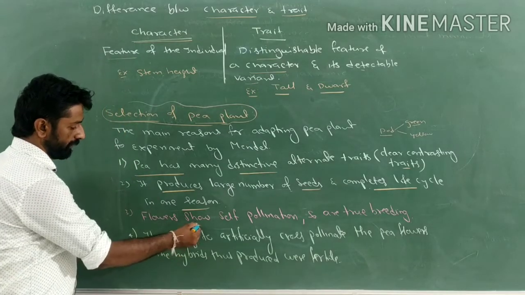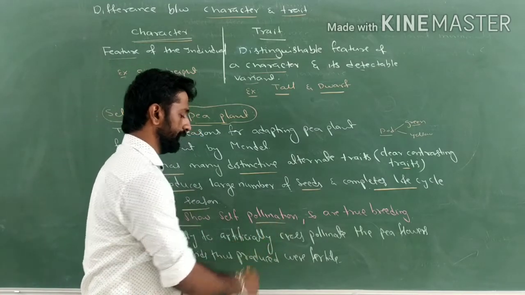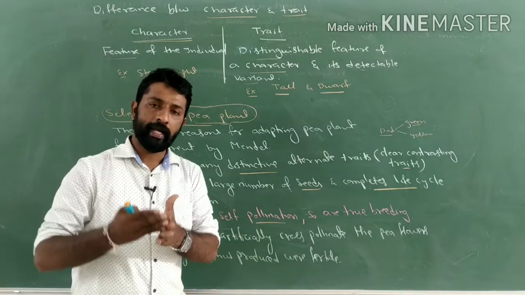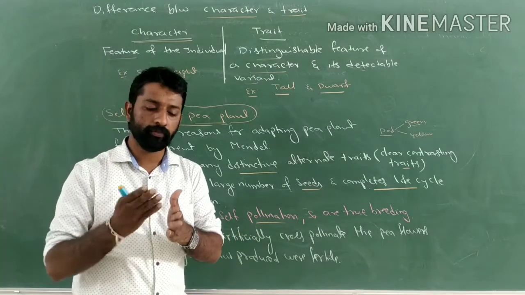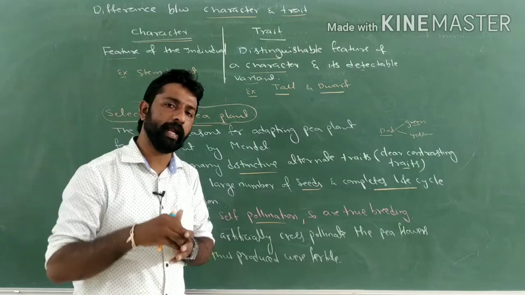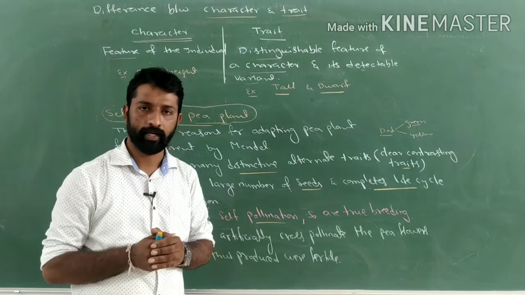Next, flowers of the pea plant show self-pollination. It can also be called bud pollination, so that the pollen grains of any other plant will not be added to the stigma of the one pea plant.